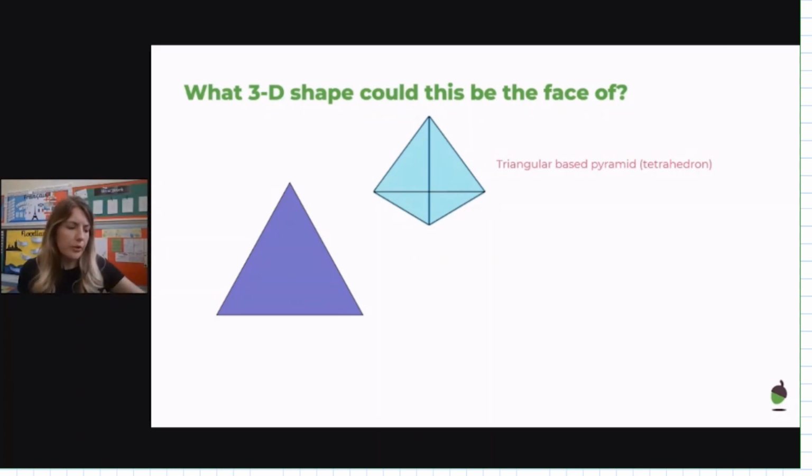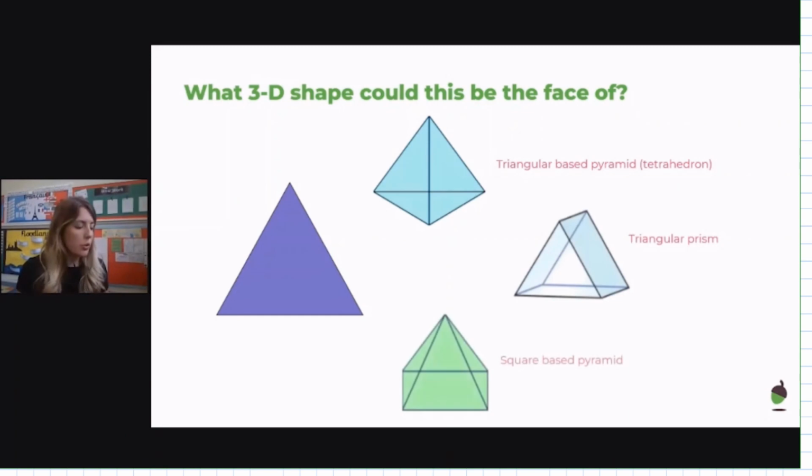But I also know some other 3D shapes that have triangular faces. I know that a square base pyramid has got 4 triangular faces, so it could be a square base pyramid. I also know that the triangular prism, which looks like a tent, has got 2 triangular faces. So there's 3 possibilities there, and you may have thought of even more possibilities.